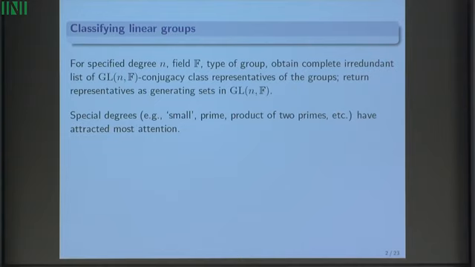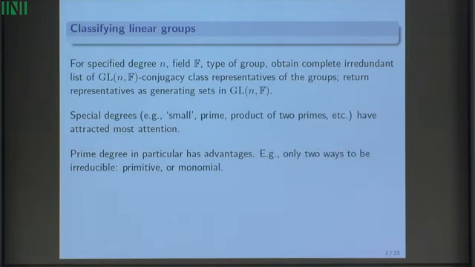Prime degree in particular has some nice advantages. For example, there's only one way that an irreducible linear group of prime degree can be imprimitive. That is, its imprimitivity system is comprised of one-dimensional subspaces. So it can be conjugated to a group of monomial matrices.